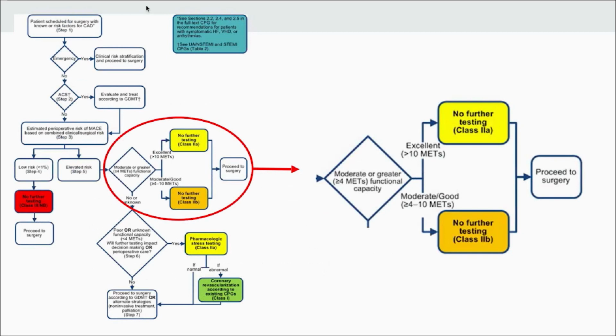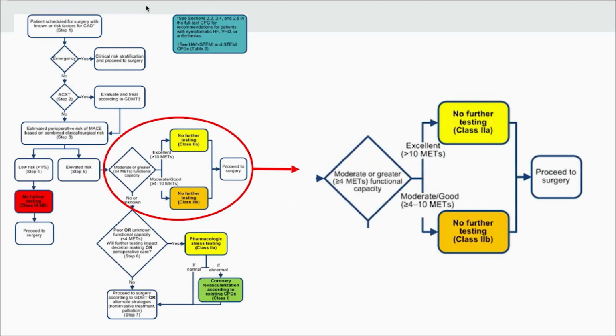This is an algorithm in preoperative cardiac testing, and it's a busy slide, but I tried to circle out and enlarge the part that I thought was important here. In a patient that does have some cardiac risk factors or a higher surgical risk, there's one important factor: is the patient able to perform 4 metabolic equivalents, or 4 METs?